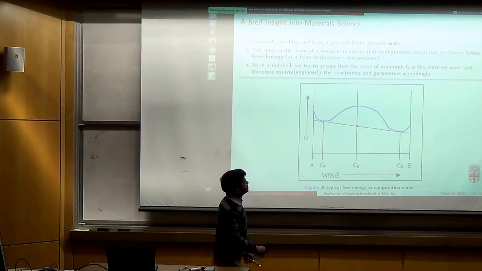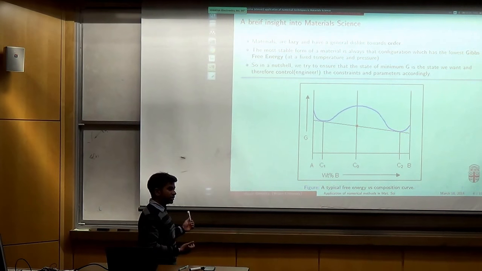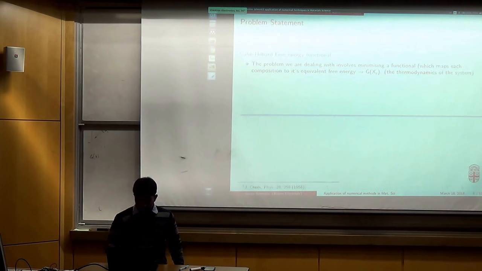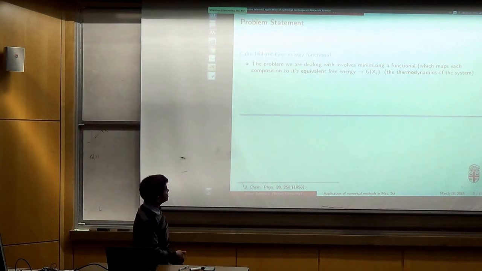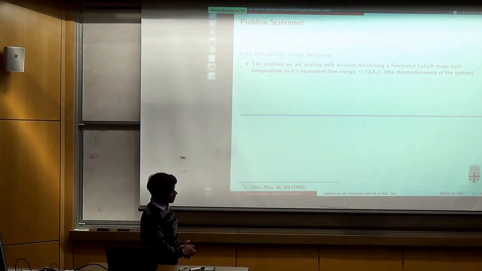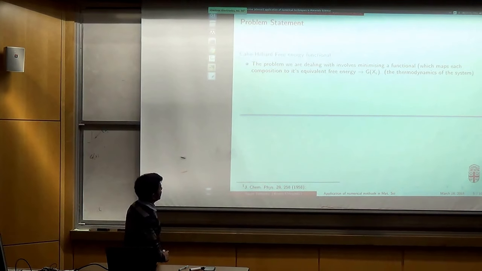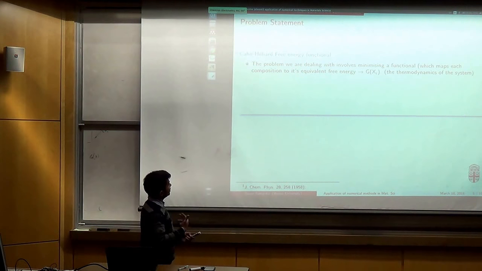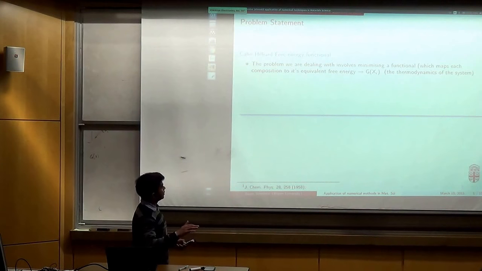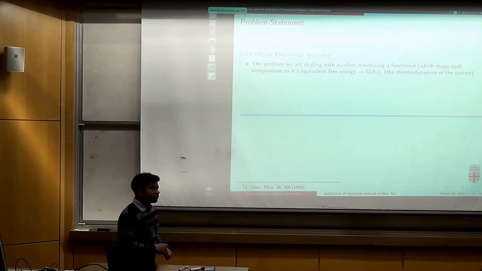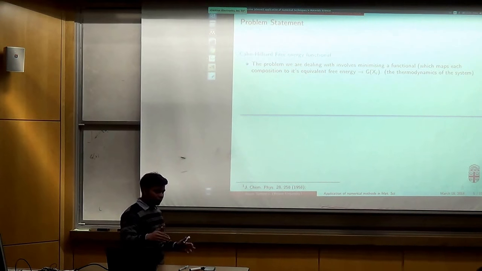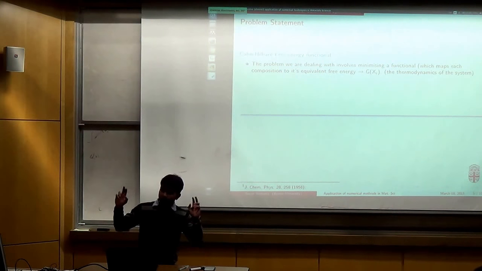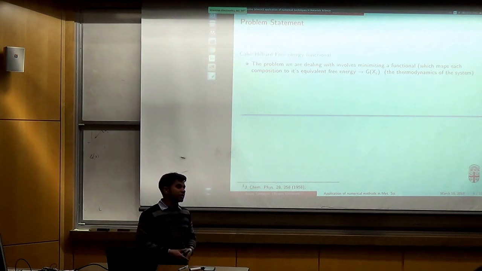Is this clear? Why are we doing this? What's the objective of the free energy? Now, what do we want to do? As I said, G is a function of the composition. Our main target is to minimize it. And not just that, because if we minimize it, we know the eventual equilibrium condition of our system.